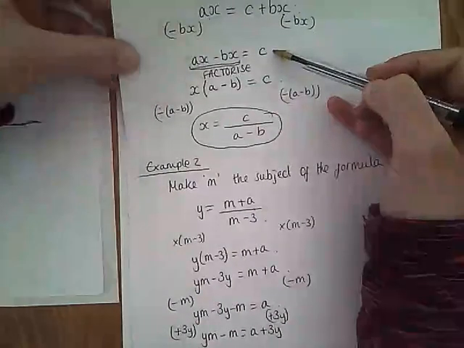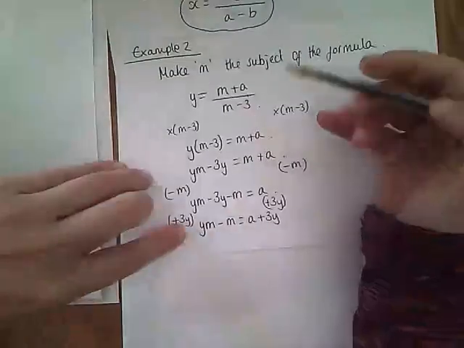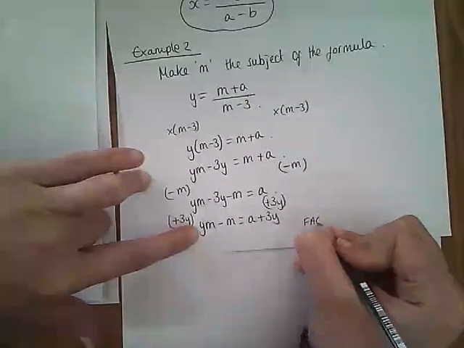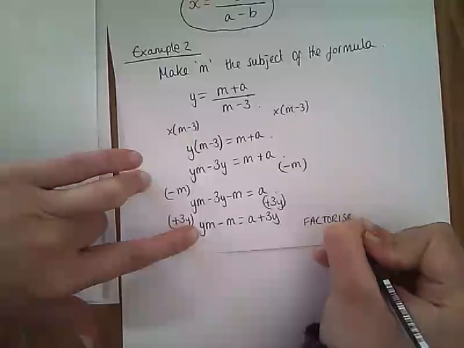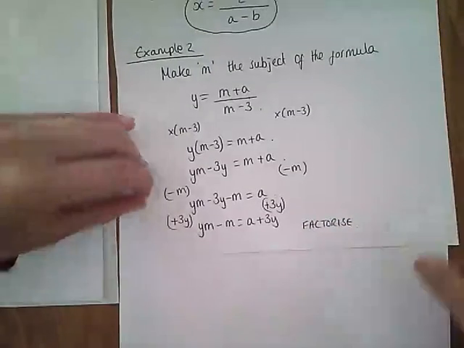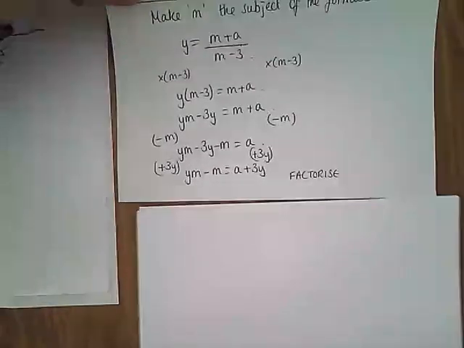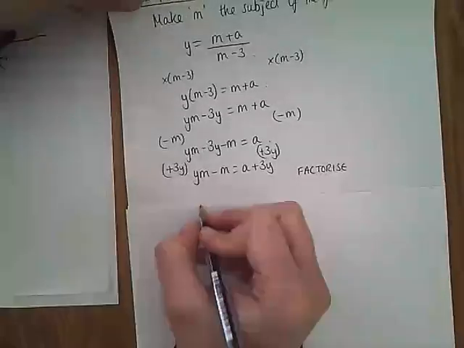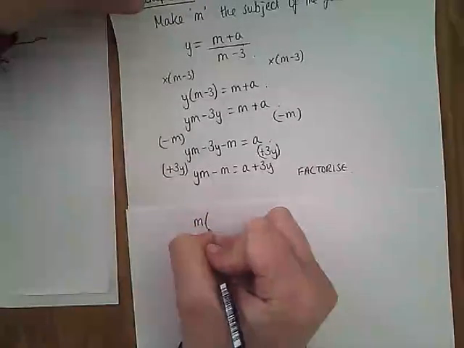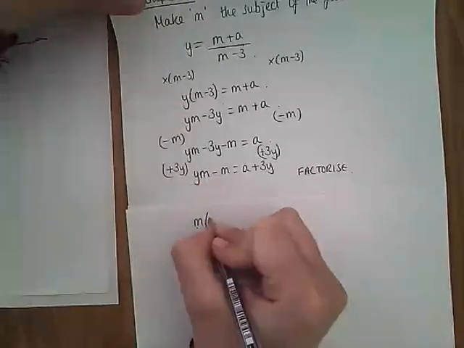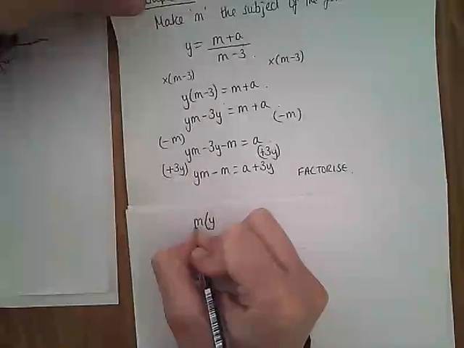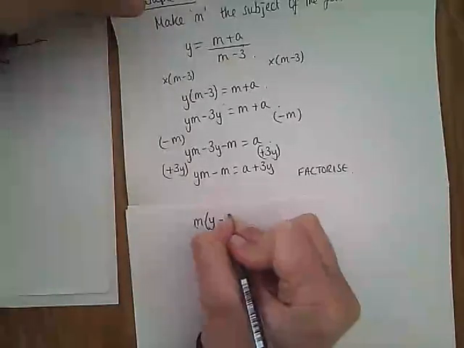So then we get to this point and we do our very special thing of factorizing. So when we factorize this, we are going to take a factor of m out the bracket. So I've got m brackets. What do I have to times m by to get y? M is y. What do I have to times m by to get minus m? Minus 1.